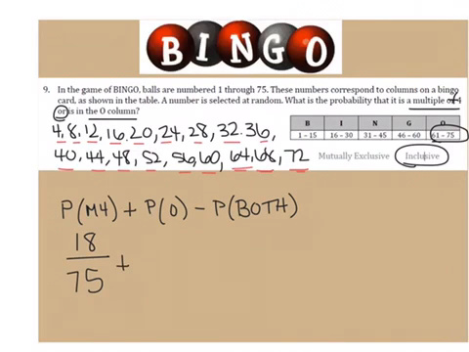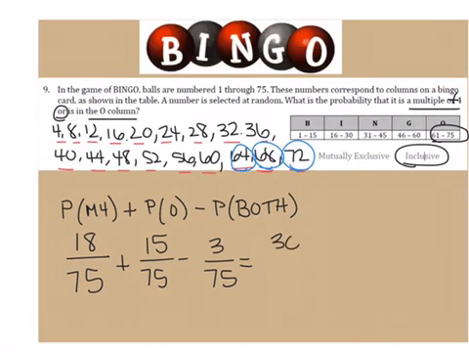Now the probability of the O column, well, I have 61 through 75, so I have 15 out of 75 in the O column, and then subtract the ones in the both. So ones that would be in both are the 3 that we looked at, so I would have minus 3 out of 75. When I do 18 plus 15 minus 3, I get 30 out of 75, and that's going to give me 0.4.